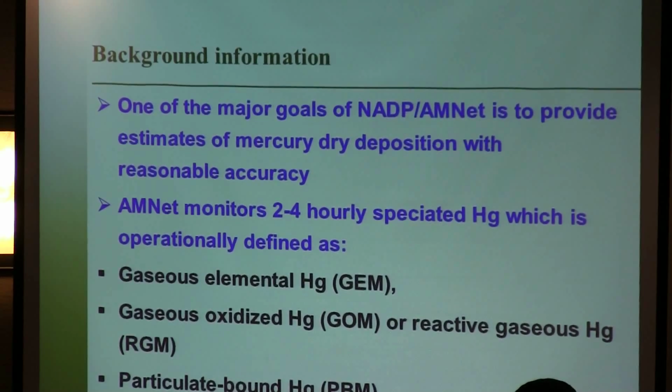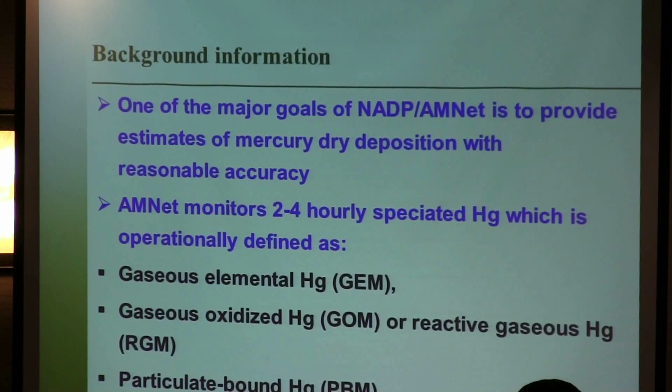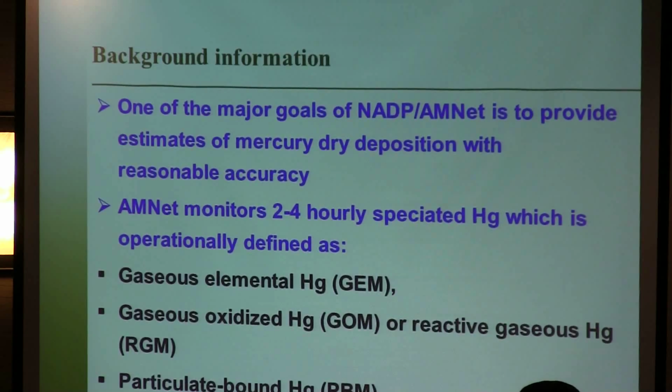For mercury, we don't even know what we measured, as you have seen from the past 2 days. We don't even know if the surrogate surfaces are measuring the dry adaptation. It's definitely not the actual dry adaptation, because the leaf surface, the stomata, the soil are definitely different from the surrogate surface, and the turbulence is also different.